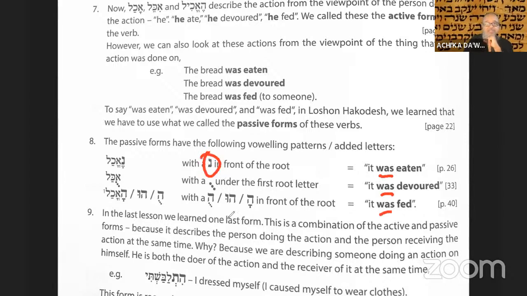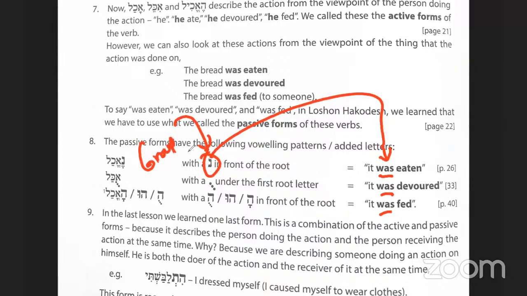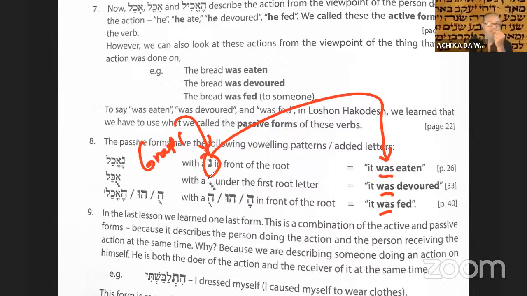So when you look at this, it's not just making a sound, it's understanding that it's a passive form of a group number what? What is the noon in? Group 1, 2, or 3? 1. Okay. This is group number 2, and this is group number 3. And they're telling you all the different ways the hey can have this underneath it, this on the side of it, or this underneath it. Right. So it's just something you have to familiarize yourself with.